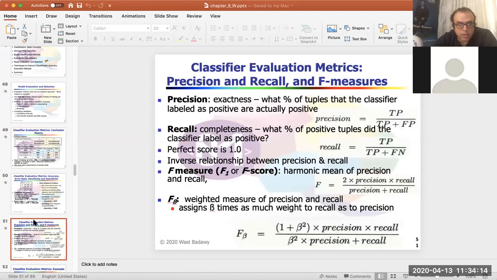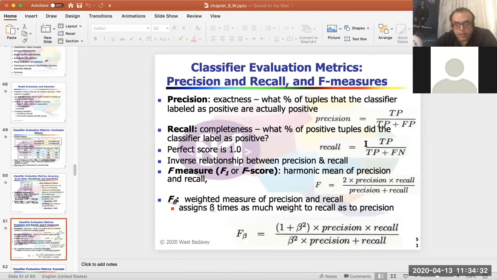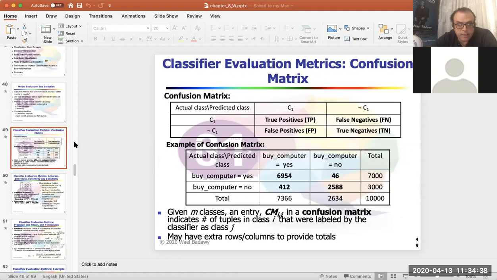This is called precision. Recall, or completeness, is the number of positive tuples the classifier classified as positive. It will be true positive over true positive plus false negative.